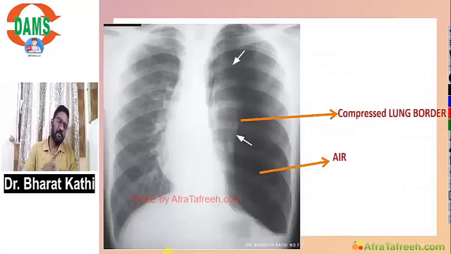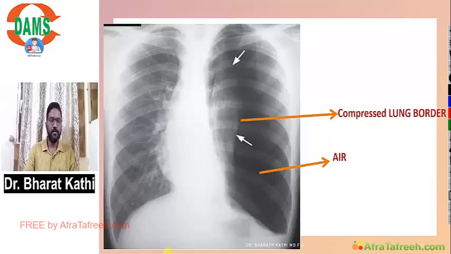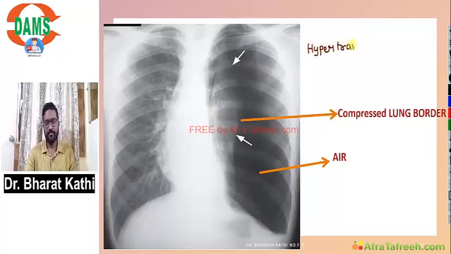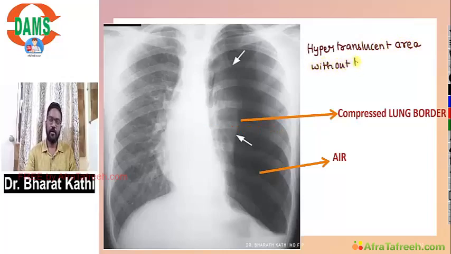Now what is this diagnosis? You can notice a hypertranslucent area, and this word is very important: devoid, without bronchovascular markings. You might think, sir, day in and day out I see all these x-rays, why will the examiner ask these?